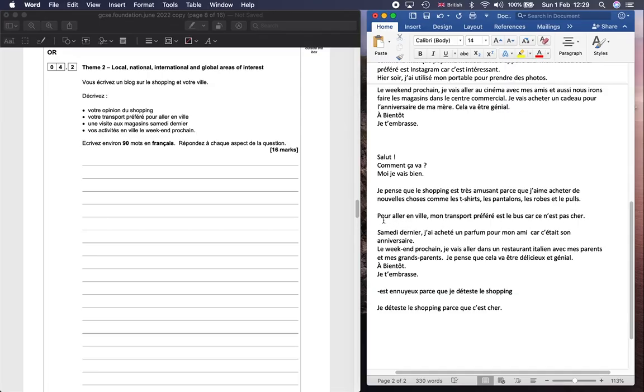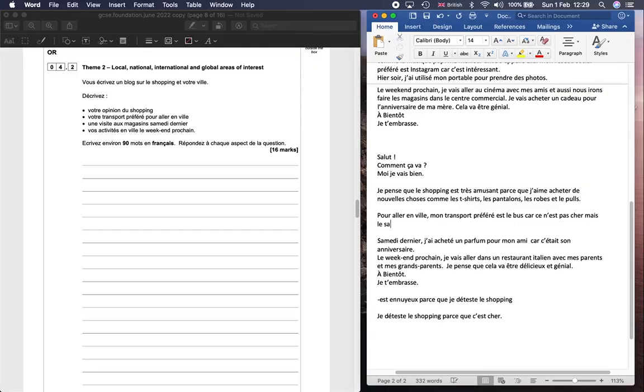So here, when we go to town, we use the bus because it's not expensive. We can say also, we can complain that on weekends, there's not too many buses. So you can say, mais le samedi, il n'y a pas beaucoup de bus.